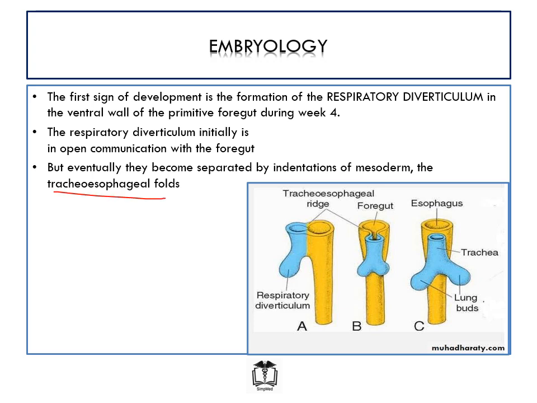So this tracheoesophageal fold or ridge, with time, pinches into or moves towards one another, eventually separates the foregut from the respiratory diverticulum. And at the end of the day, we start to see two new tubes. The one in front that is gotten from the respiratory diverticulum will become the trachea. Then the one in back that is the continuation of the foregut becomes the esophagus.